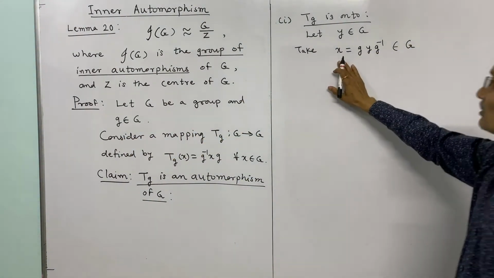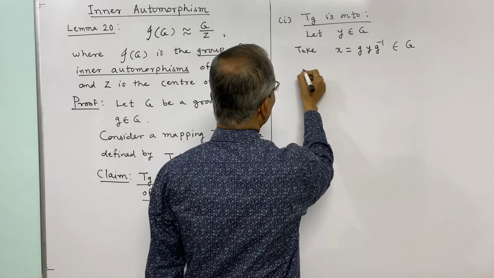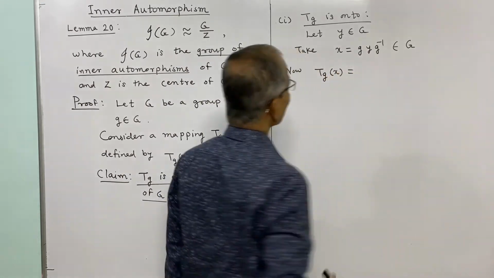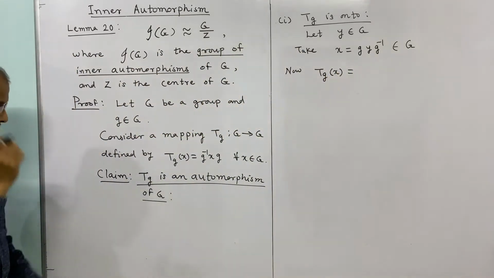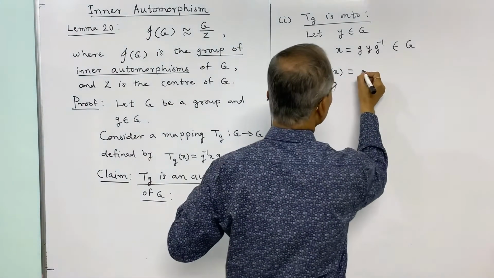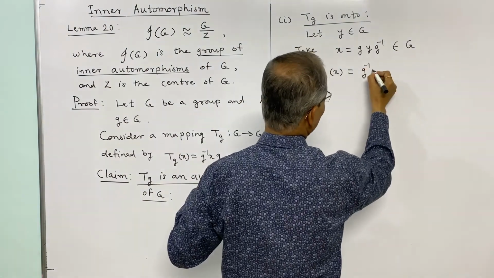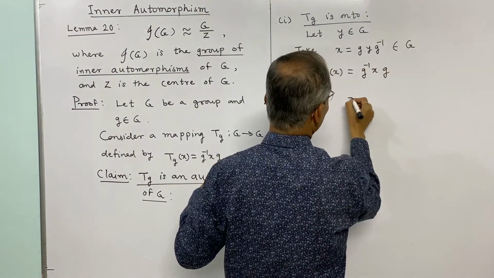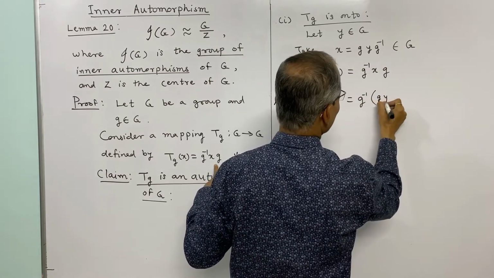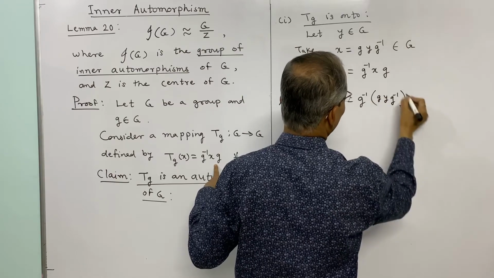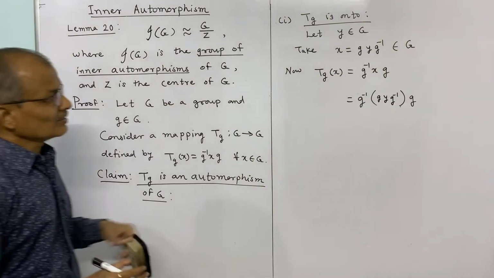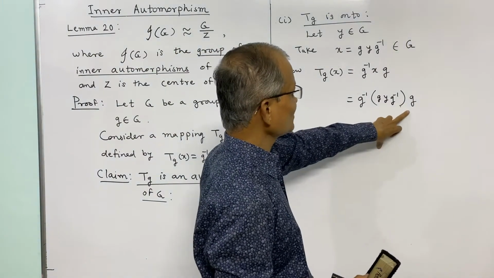Now we will have the Tg of x. Tg of x is equal to, by definition of Tg, g inverse x g. But what is the x we have taken? x is g y g inverse. So g inverse times g y g inverse times g. Now you see what will be this: g inverse g, y, again g inverse g.